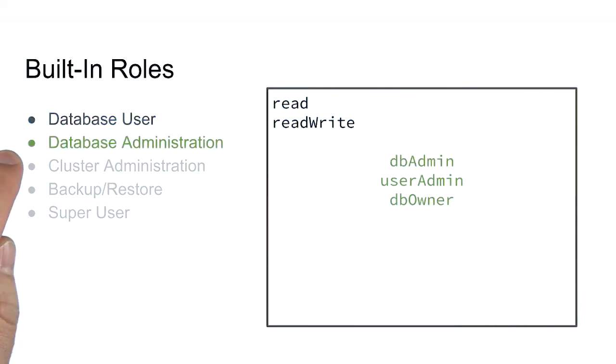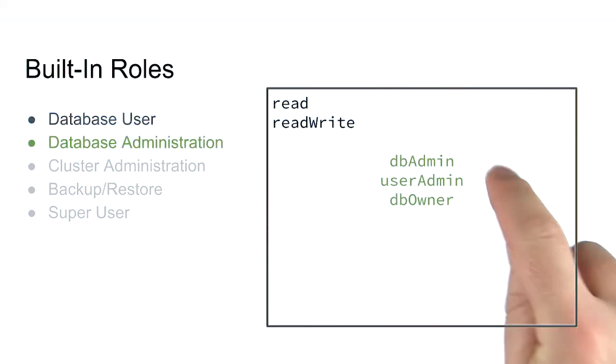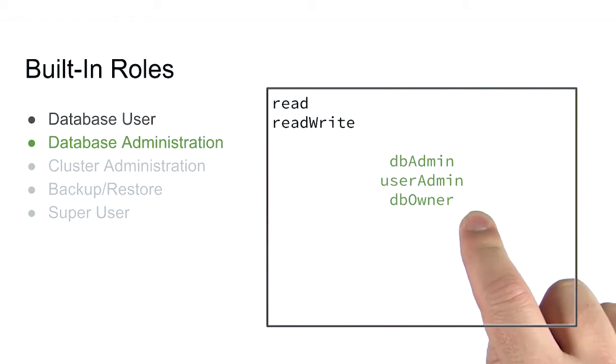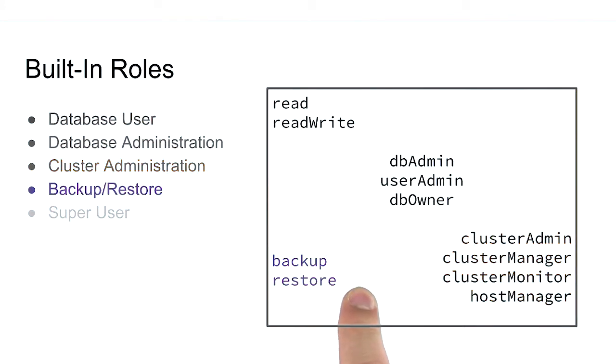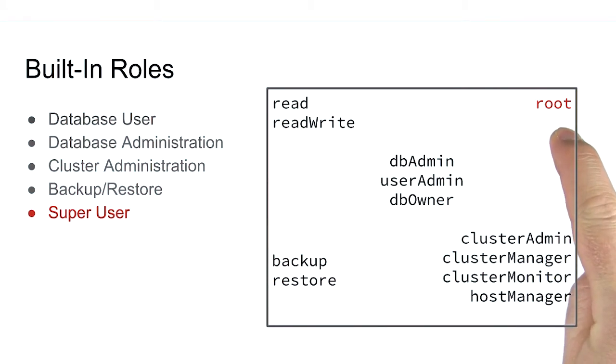We have database administration roles, like userAdmin, dbAdmin, and dbOwner. We have cluster level administration roles, which are clusterAdmin, clusterManager, clusterMonitor, and hostManager. We have specific roles for backup and restore. And obviously, we also have our super user root role that should be granted only in specific situations.